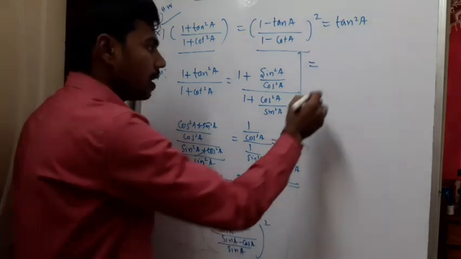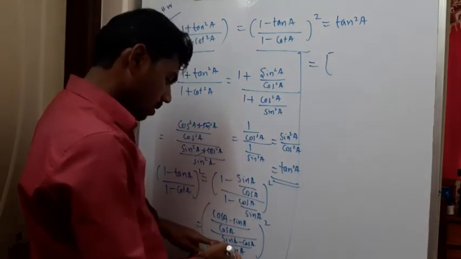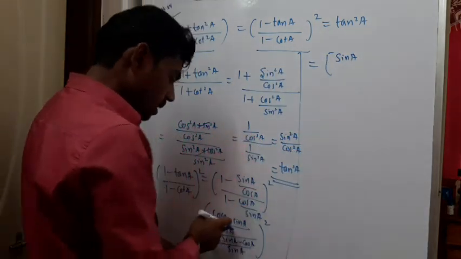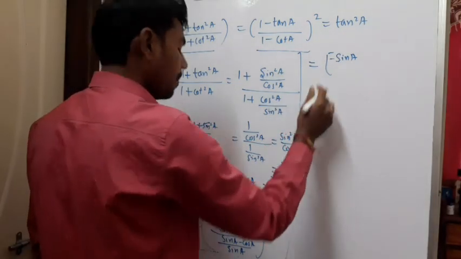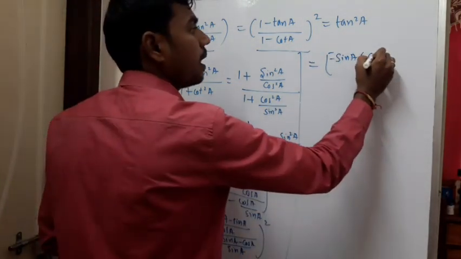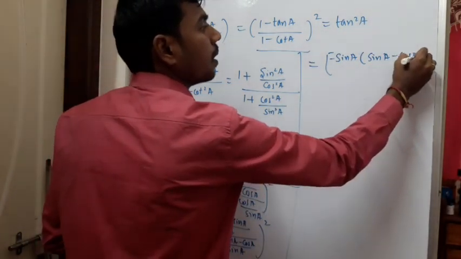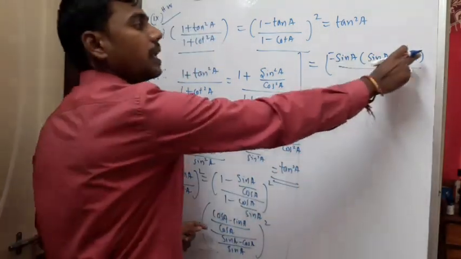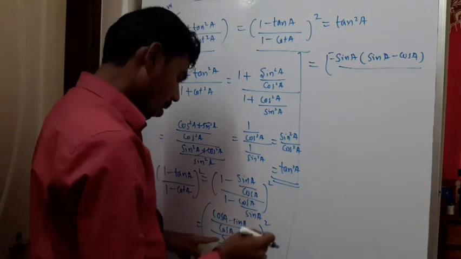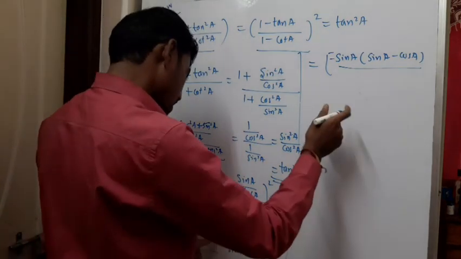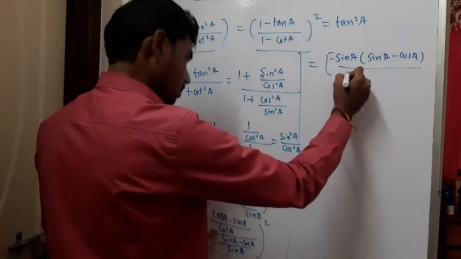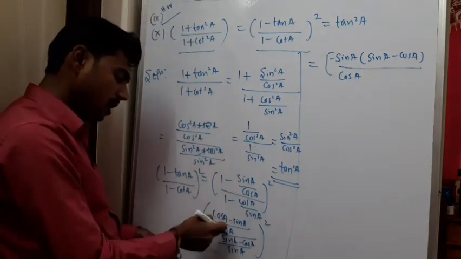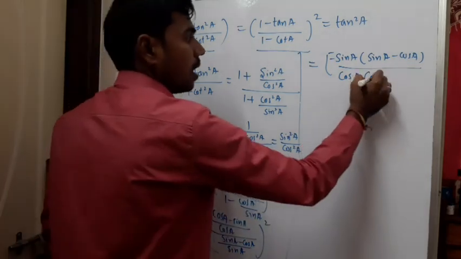So what we do, we'll write this down. See, this sin A will go to the numerator. This minus I'll take common, then it will become minus into sin A minus cos A. Since I have taken minus out, it will become sin A minus cos A. Now cos A will come to the denominator. Sin A will go to the numerator and cos A will come to the denominator. Already I explained why.